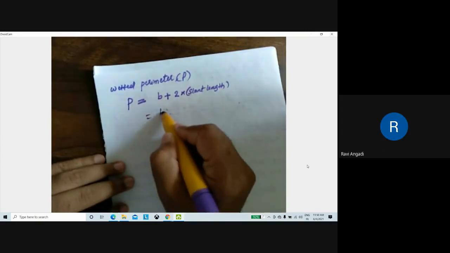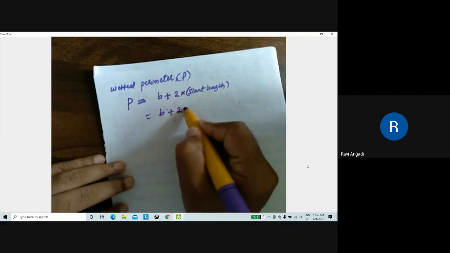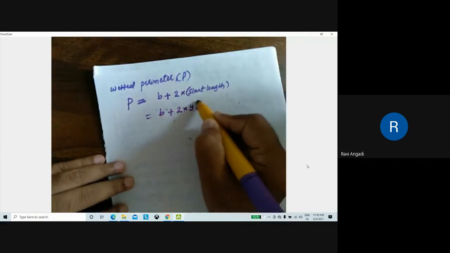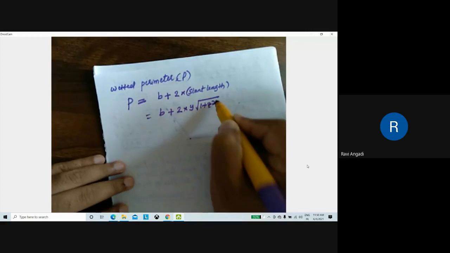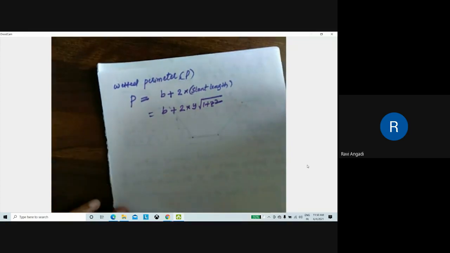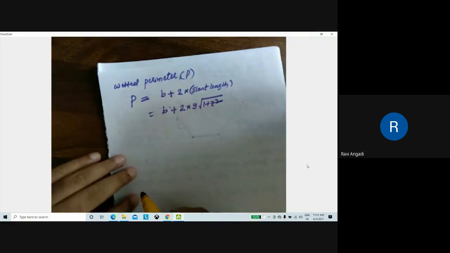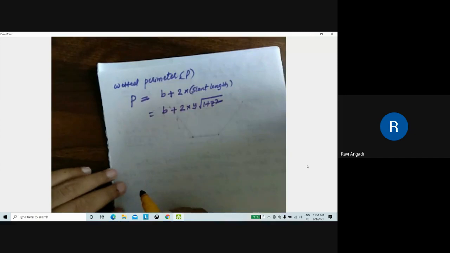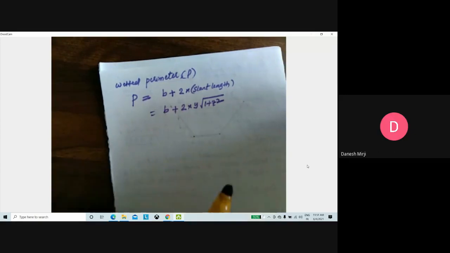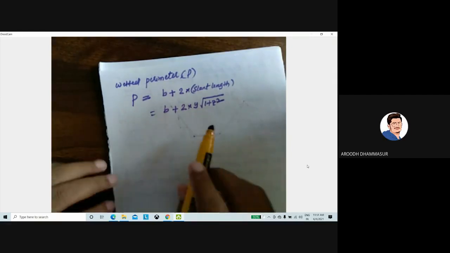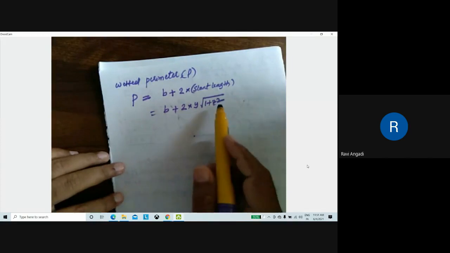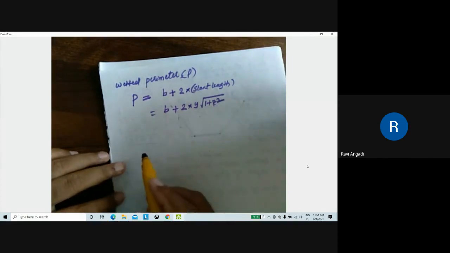Now, b plus 2y square root of 1 plus z square is the wetted perimeter. Yes or no? Yes, sir.